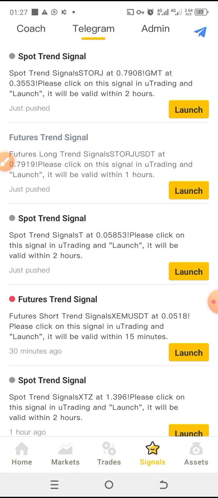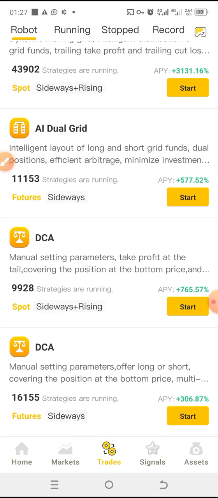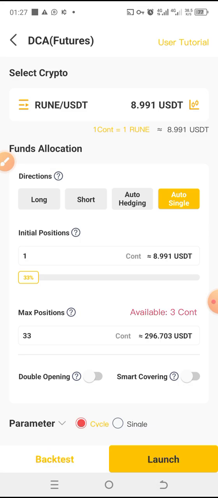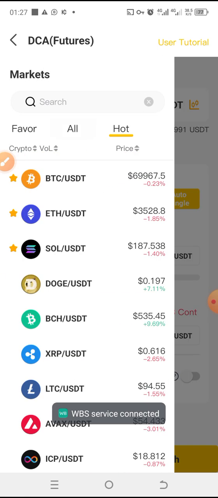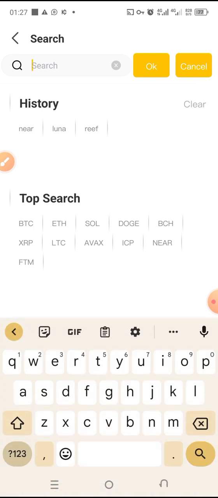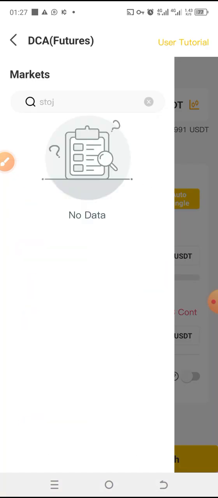STORJ. Okay, so you come here and choose your robots. Okay, and then you come here and go to all and choose STORJ something.